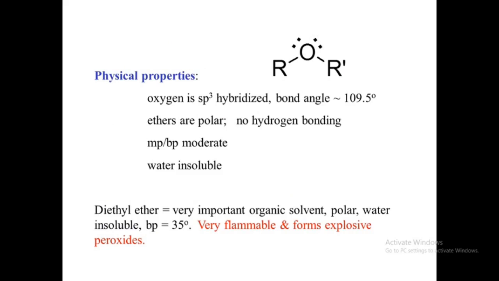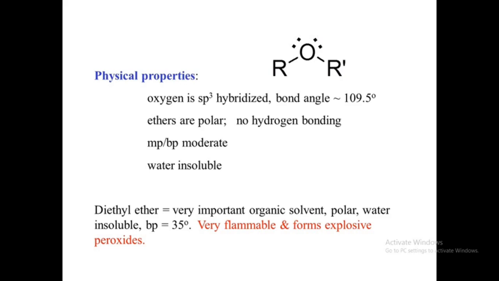Then let us discuss physical properties of ether. In case of ether, two lone pairs are present on the oxygen atom and the shape is similar to water, with a bond angle of 109.5 degrees.